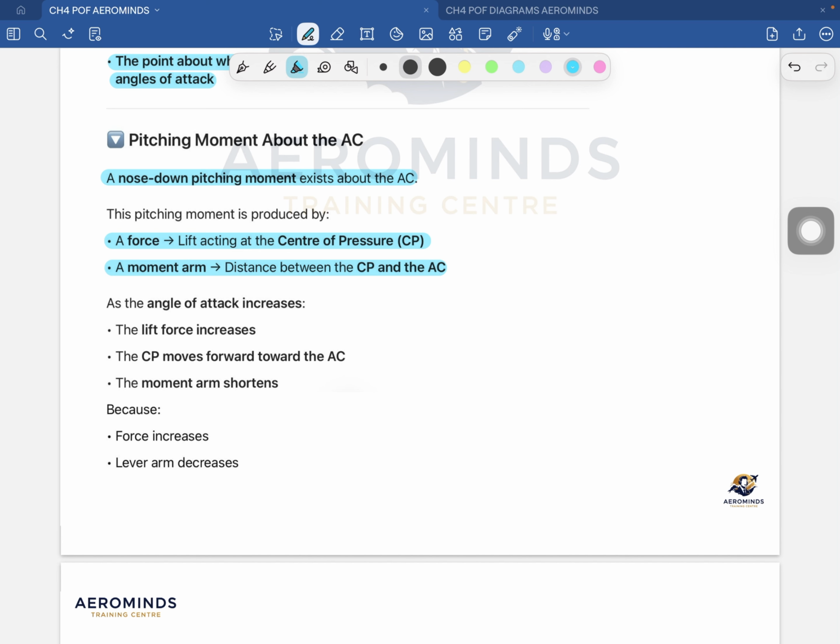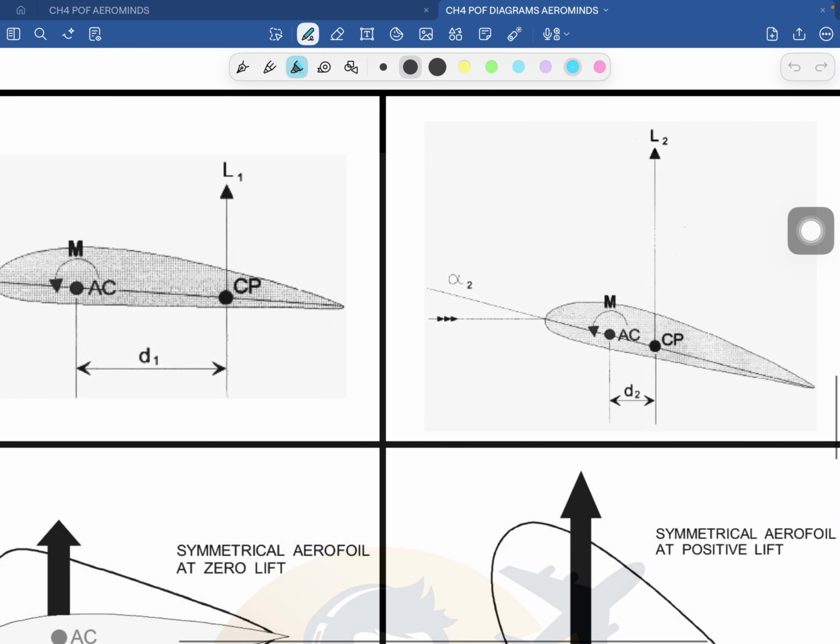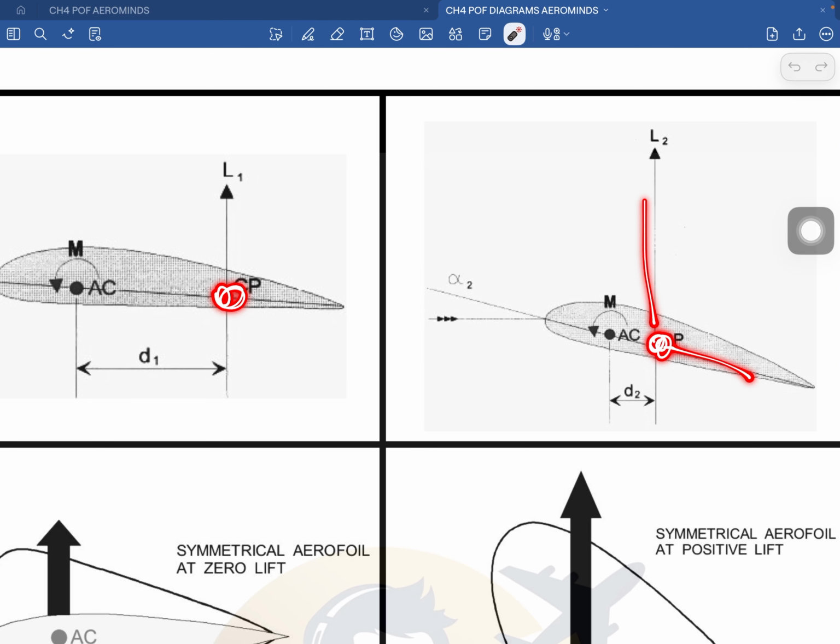As the angle of attack increases, the lift force increases, and the CP moves forward towards the aerodynamic center, and the moment arm shortens. So if you compare this with this, the CP was here and has now come forward when the lift increased. So the distance between the two decreases.